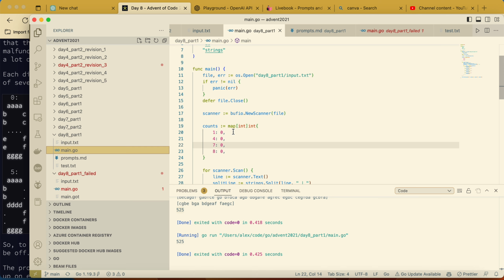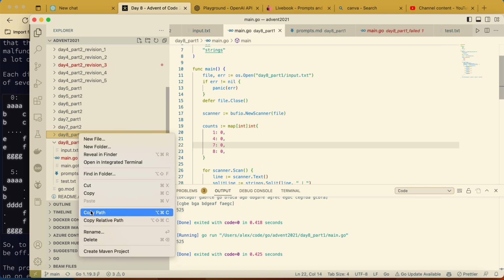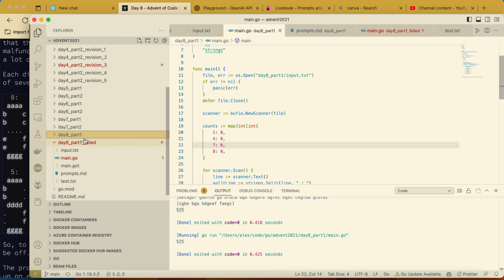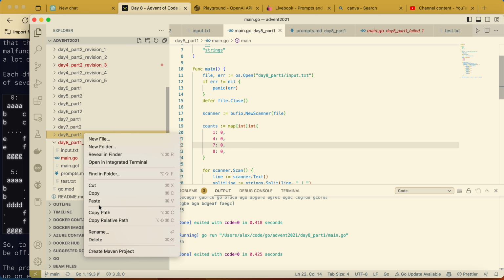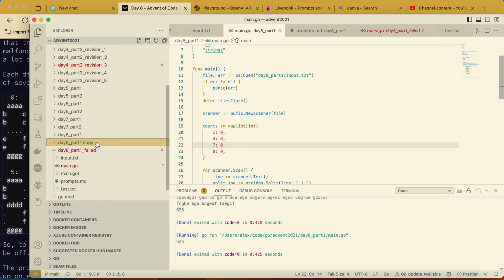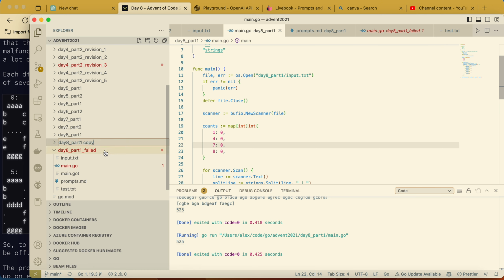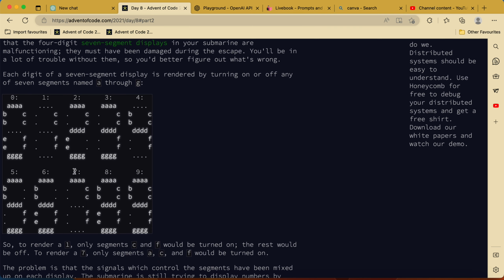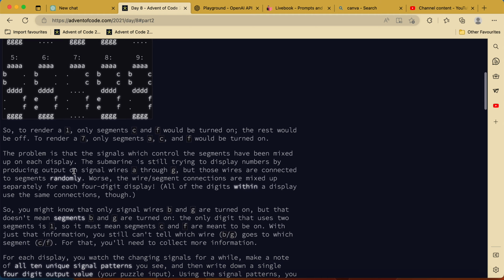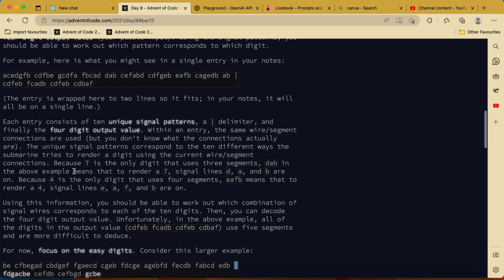Now we will continue with part 2. I'm pretty sure that part 2 will not be as easy anymore, because we will need to do proper decoding and so on.